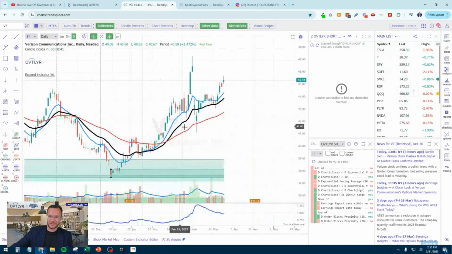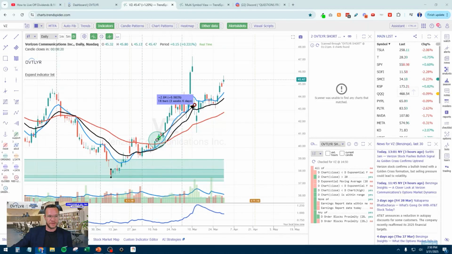I would much rather be on the right side of a trend, catch a green light over here, ride that until it closes under the 10, like right there, and take the profit. This is a perfect example as to why I don't ascribe to the idea of dividend investing, right? This one move from February 12th to here, the 10-20-50 was crossed over. Outlier trend template is going up.